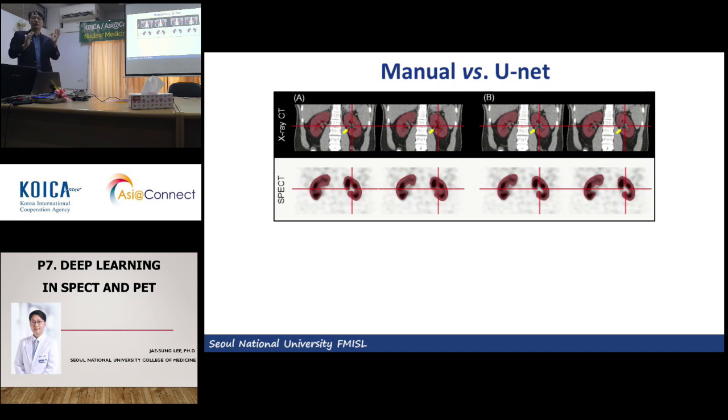So the residents draw every 3 or 4 slices, and then the software automatically interpolates those regions of interest to fill the gap between such slices. Such interpolation causes this kind of error, but deep learning doesn't need that kind of interpolation. So that is why in this case it worked better than the human.